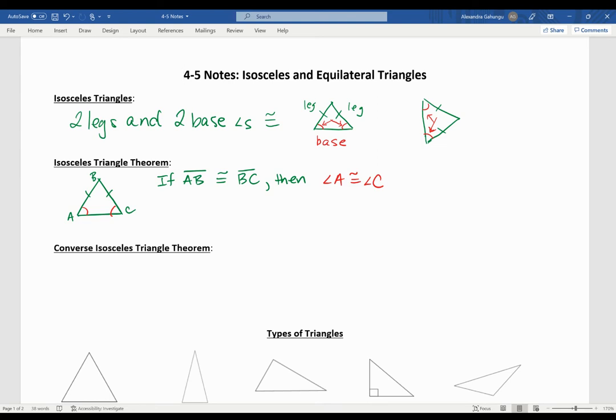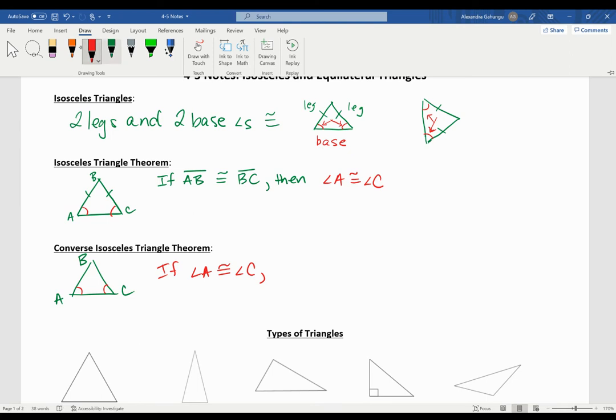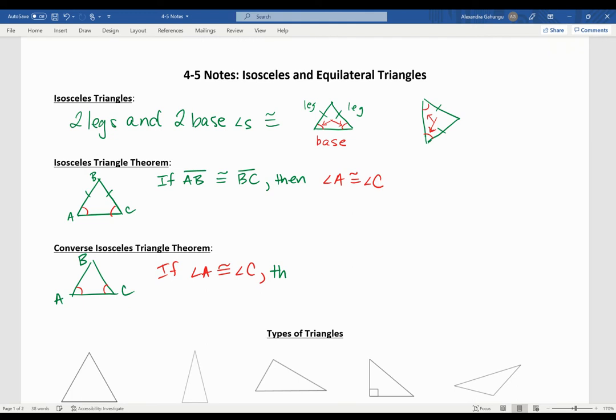And then the converse, which was the switch, we would switch our if and then. We're going to do the same thing. We have our triangle ABC, and we're saying if our base angles are congruent, so if angle A is congruent to angle C, then I know that the legs of my triangle, AB and BC, are congruent.